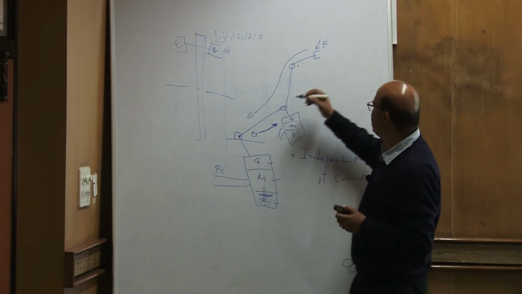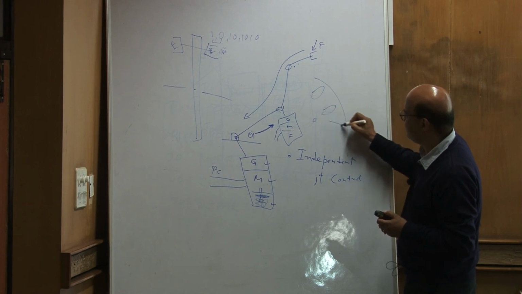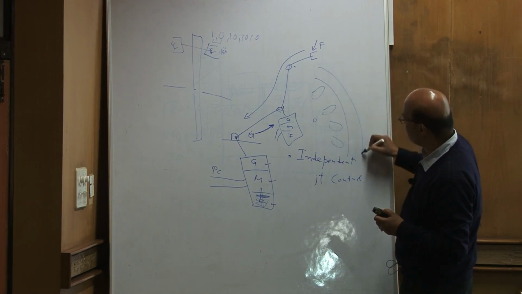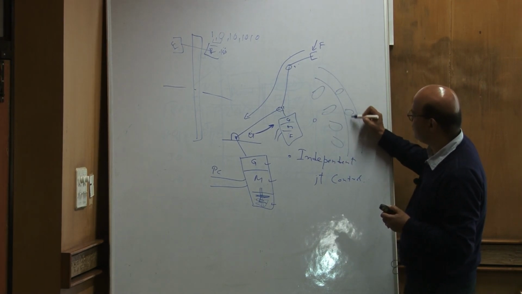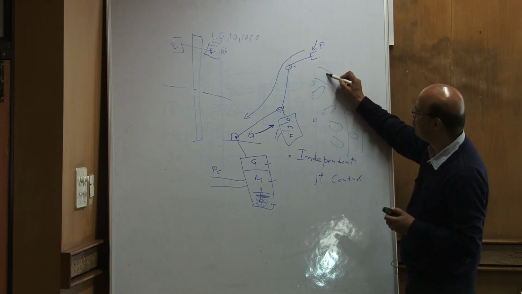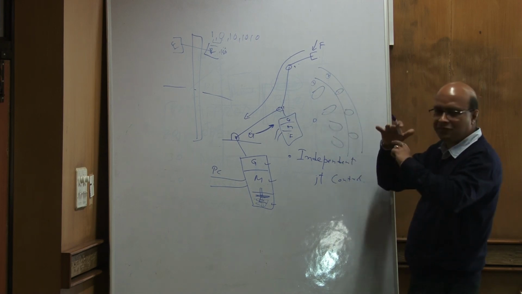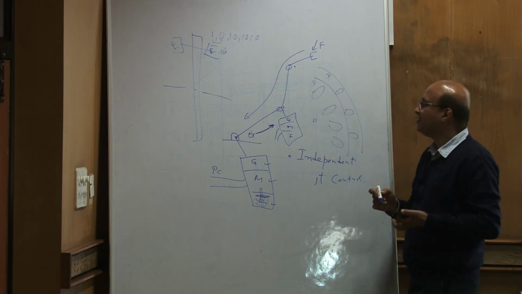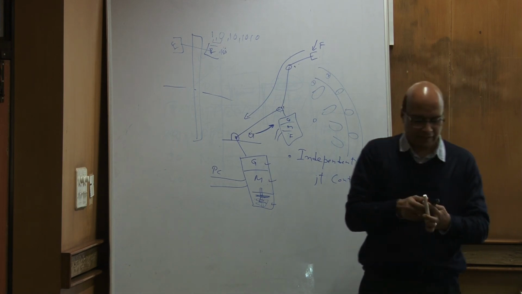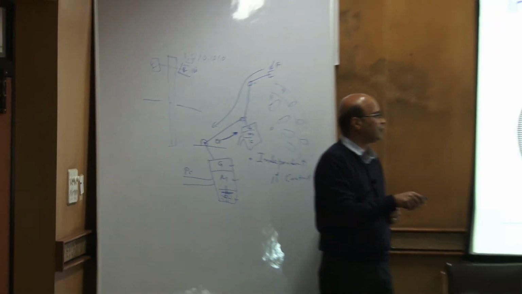So if I draw the side view, we have one encoder, and the slots of the encoders are not aligned. So this is encoder 1, this is encoder 2. When we get the signal output, if this is encoder A, it will give you the square waveform, that is 1 0 1 0 1 0.